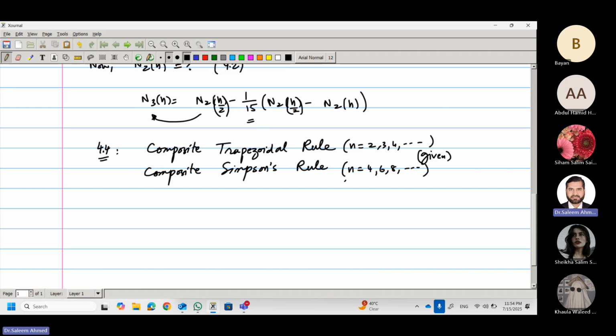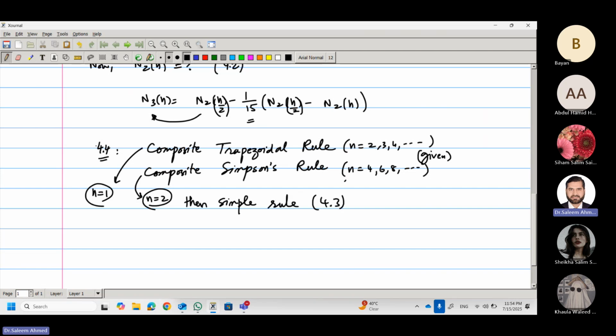So if your n is 1 in the composite trapezoidal rule, and if in Simpson's rule n is 2, right, then they are basically 4.3. Then they are the simple trapezoidal and Simpson's rule, right, which are given in section 4.3.